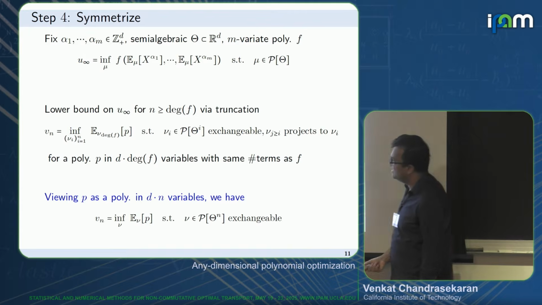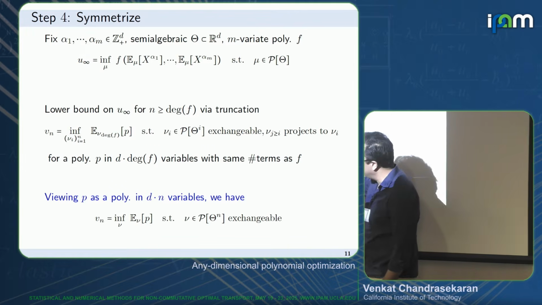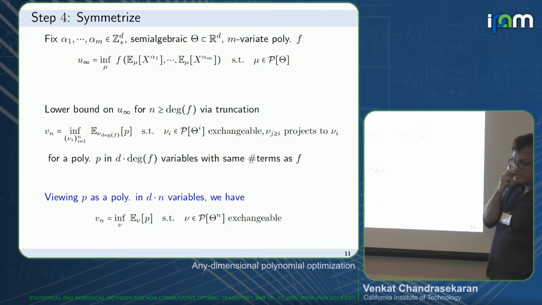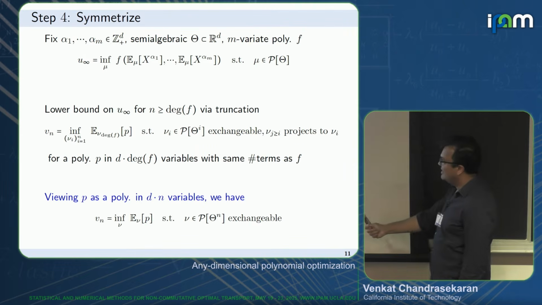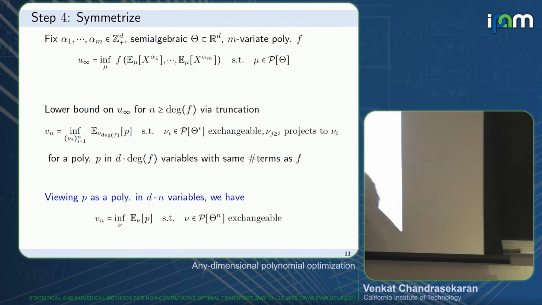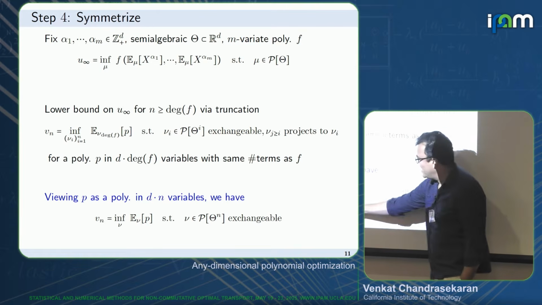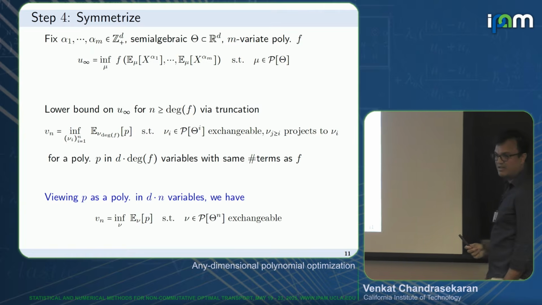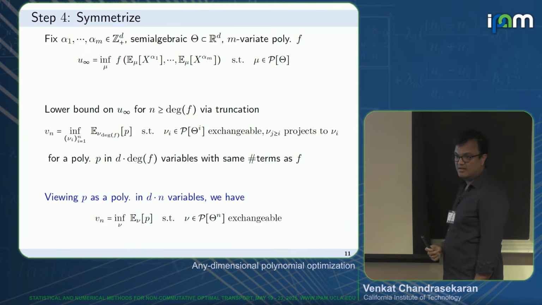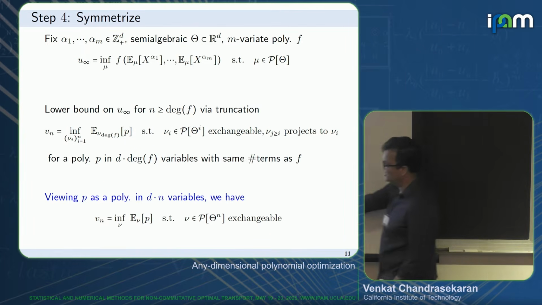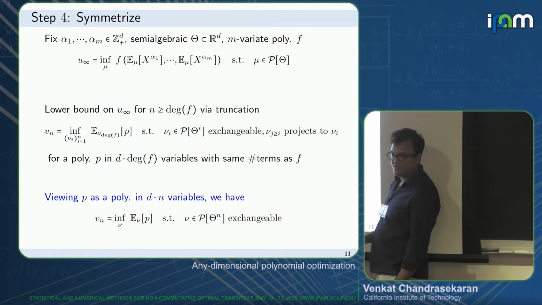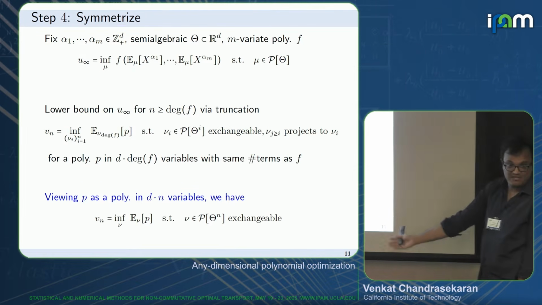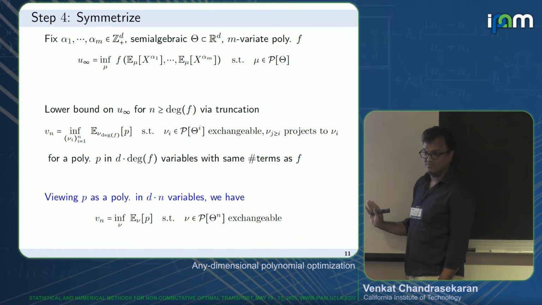One thing you can do is to view P as a polynomial in d times n variables, and recall n is bigger than or equal to the degree of f. And simply get rid of this moment sequence, and just imagine that nu is a measure on theta^n, probability measure on theta^n, that's exchangeable. So I can just imagine P has all these extra variables that it does not depend on, and write this down.